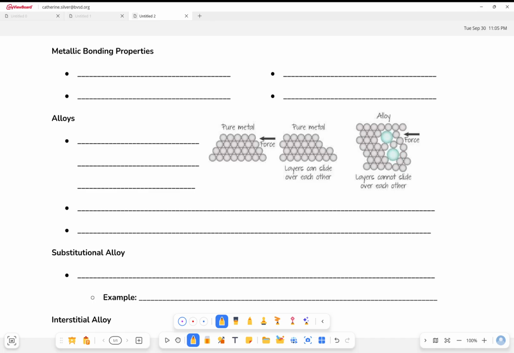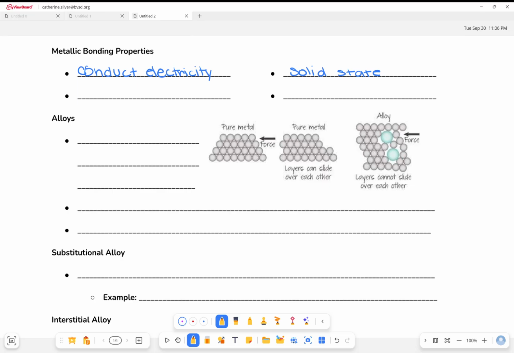Because there are electrons floating around, you can conduct electricity. These are in a solid state. So all metals that we see, or most metals that we see in nature, are going to be in a solid state at room temperature.